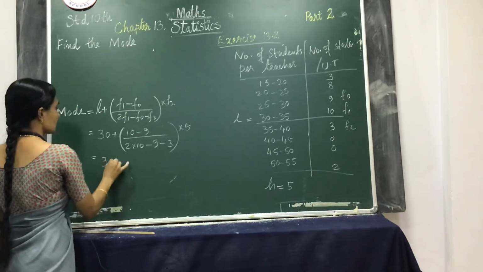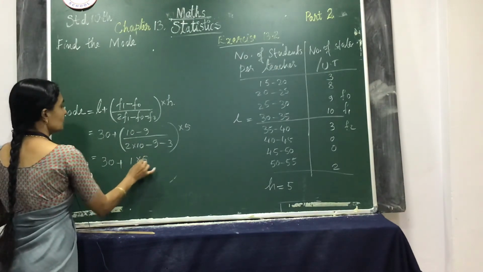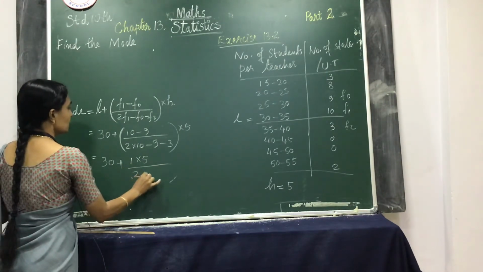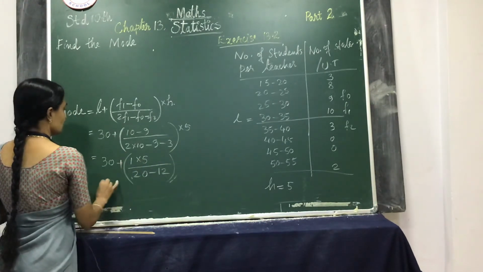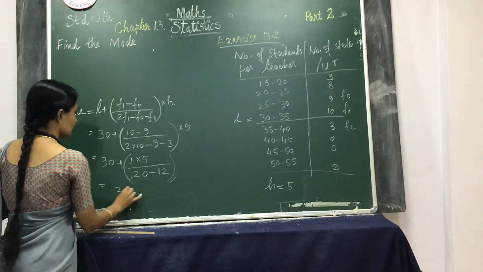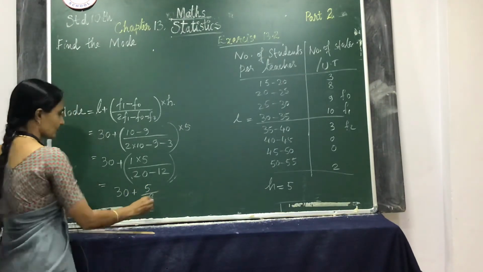30 plus 1 into 5 divided by 20 minus 12, that is 30 plus 5 divided by 8.